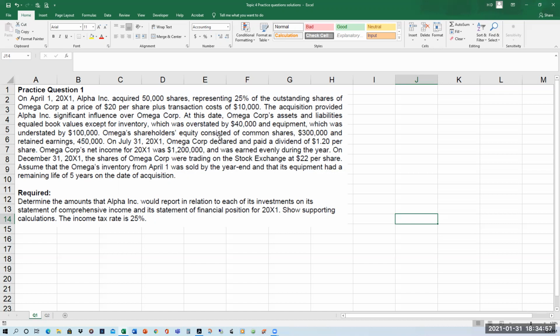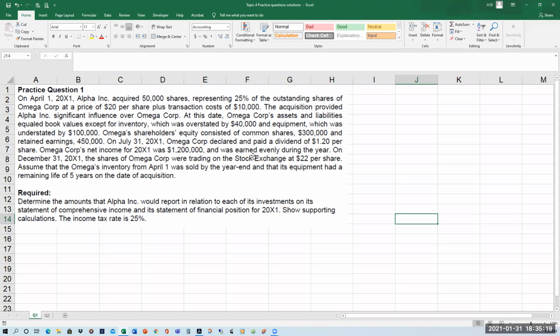Omega's shareholders' equity consisted of common shares, $300,000, and retained earnings, $450,000. On July 31st, 2001, Omega Corp declared and paid a dividend of $1.20 per share. Omega's net income for the year 2001 was 1.2 million and was earned evenly during the year.